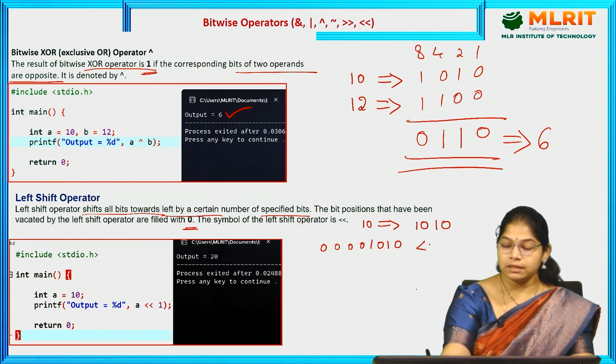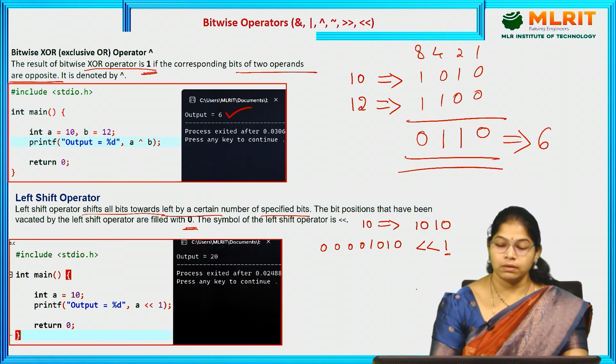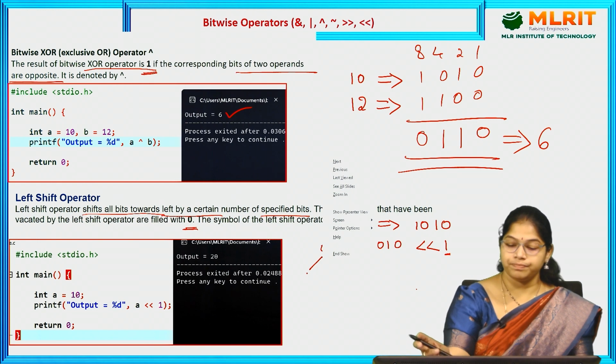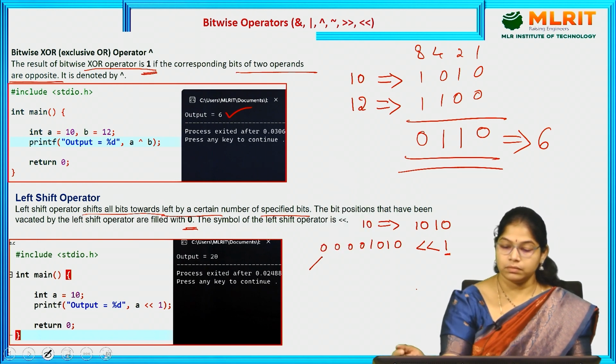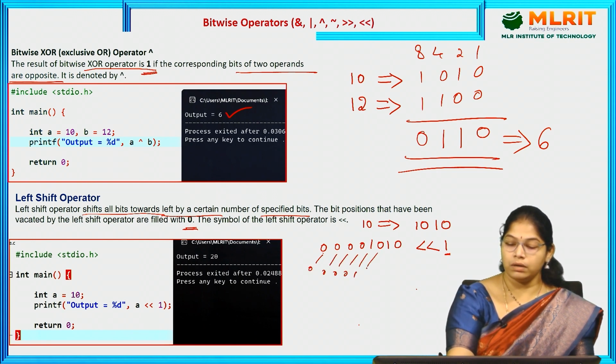It is left shift 1. It has to shift left by one position. So it is 0 0 0 1 0 1 0 0.